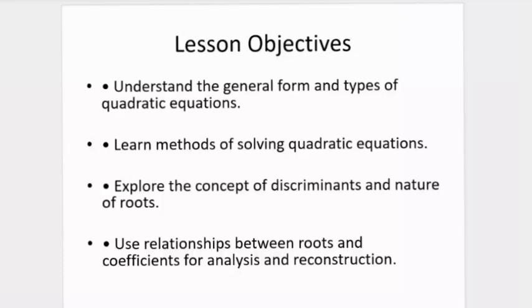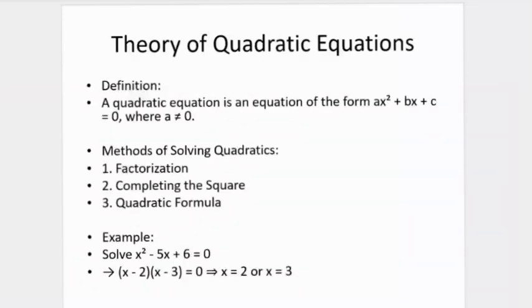So first of all, what do we mean by quadratic equations? Before I give a definition, I want to take us back to the basics. When we used to do algebra back in secondary school, we would always work with simple equations. For example, 2x plus 3 is equal to 10, and you will be asked to find the value of x.